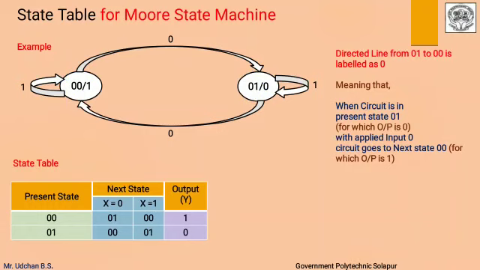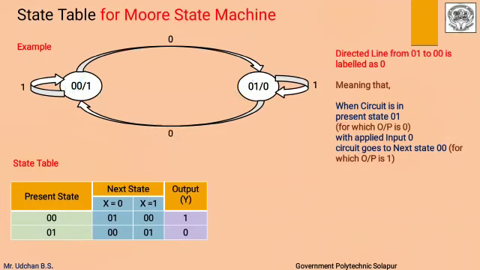Now we have to write the next state for the variation of input values. If we observe the directed line from 01 to 00, which is labeled as 0, we can read it as when the circuit is in present state 01, for which output is 0, with applied input 0, the circuit goes to next state 00, for which output is 1.